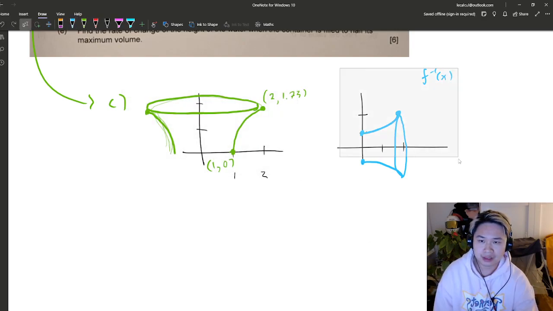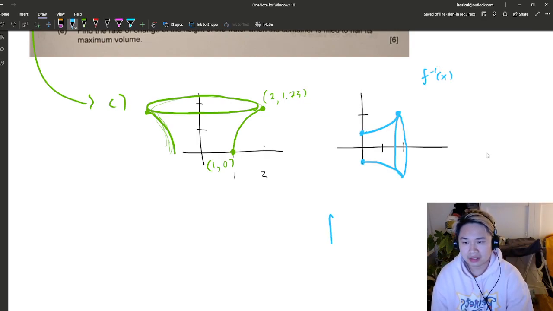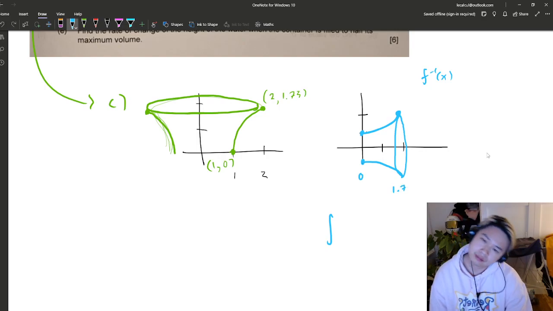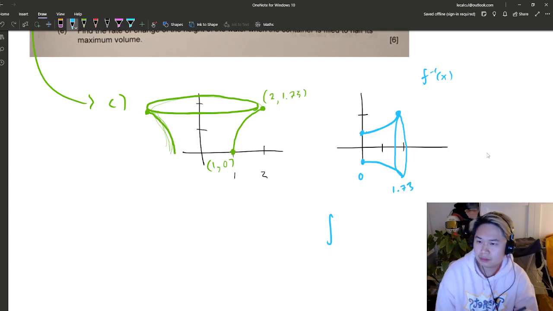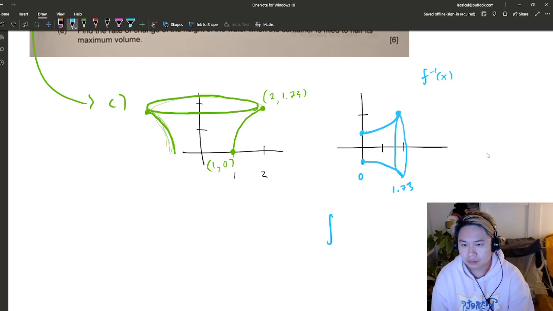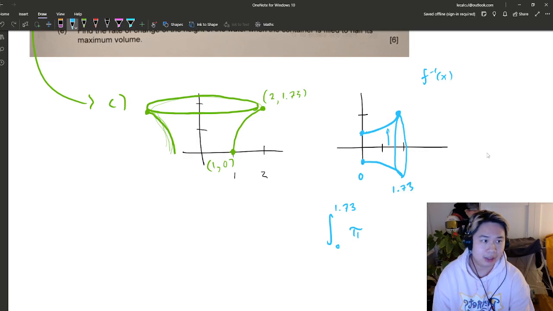So it makes way more sense to do this integral, which again is the integral from 0 to 1.73 of pi, and then your radius is now your actual y values, so you can just square your inverse.